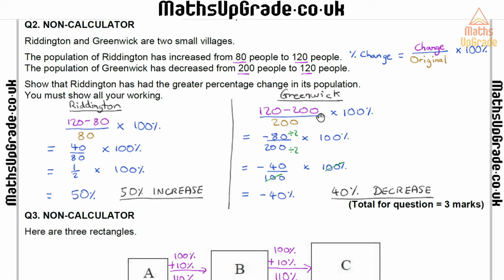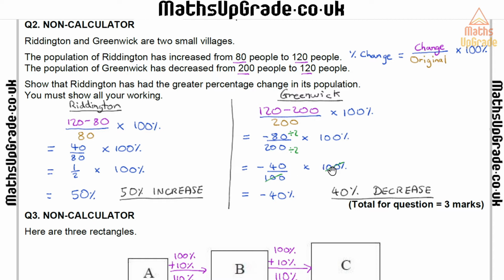Greenock changed by negative 80. 80 people left Greenock. So this is negative 80 over 200 times 100%. Again, without a calculator this is not easy to do, but if I simplify this fraction and find an equivalent fraction which is easier to multiply by 100, dividing by 2 on the numerator and denominator, I get 40 over 100.